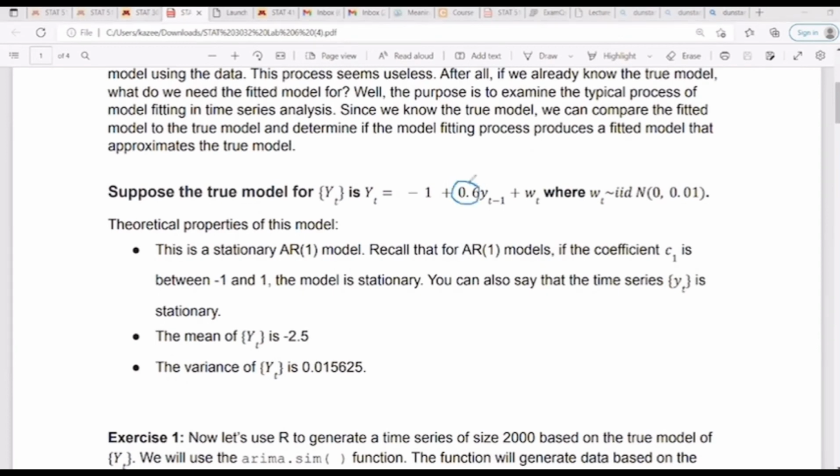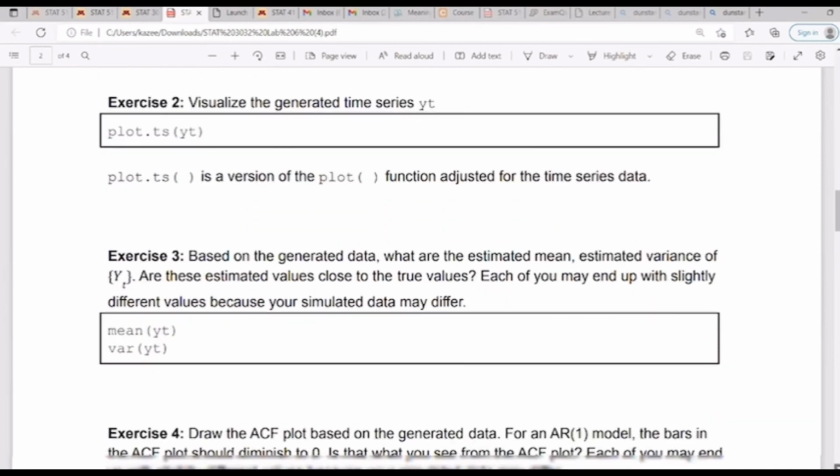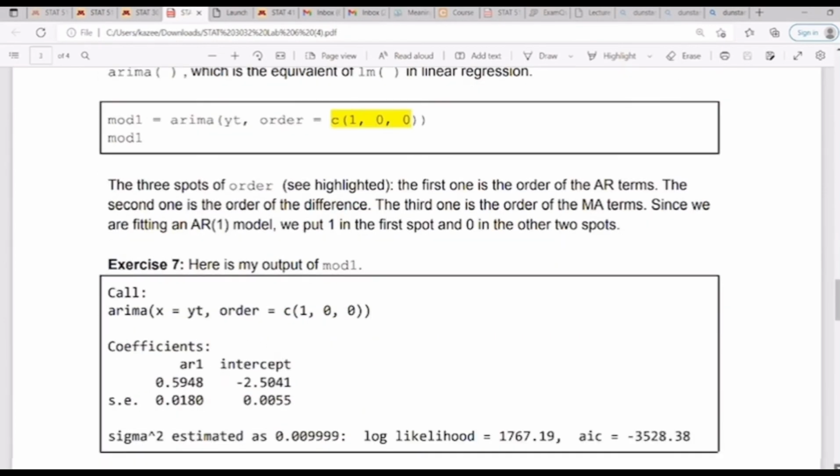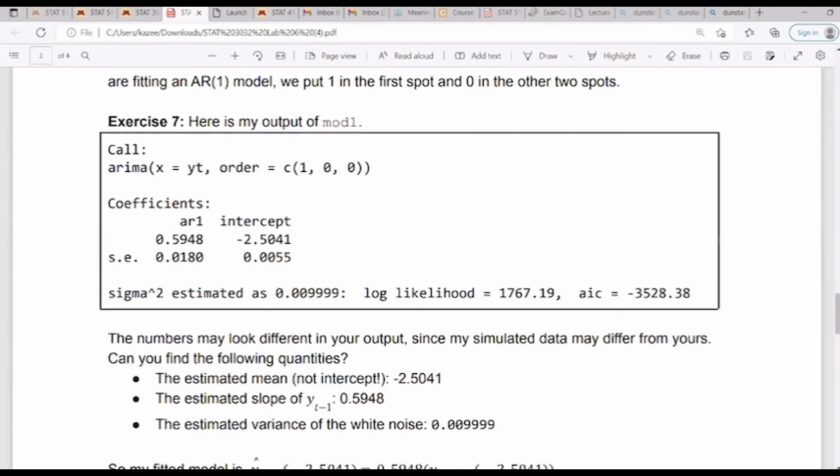The true value of the variance of the noise is this. And of course, using the data set, I told you what we got as C1 and what we got as the estimated variance. Take a look at this.